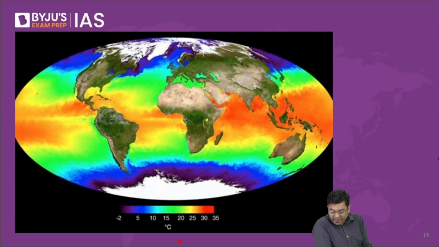Here also you will observe that the trade winds are carrying the surface water, and you will find the accumulation of surface water across the Western Pacific. So that tells you that oftentimes the wind movement over these oceans is also able to drag the surface water away.